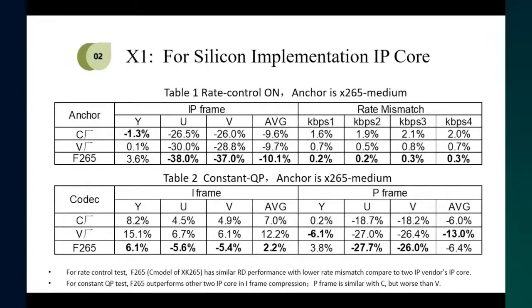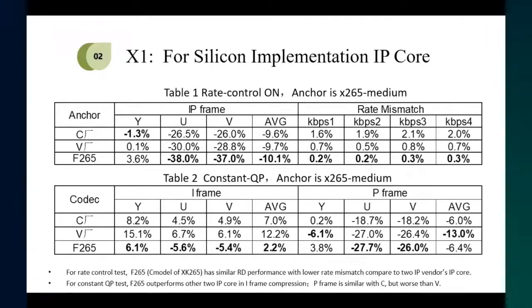You can see that for the I and P frame compression, the overall average bit rate is similar to the commercial IP core vendors. And for the rate mismatch, we get the smallest rate mismatch compared to the other two IP vendors' IP cores.